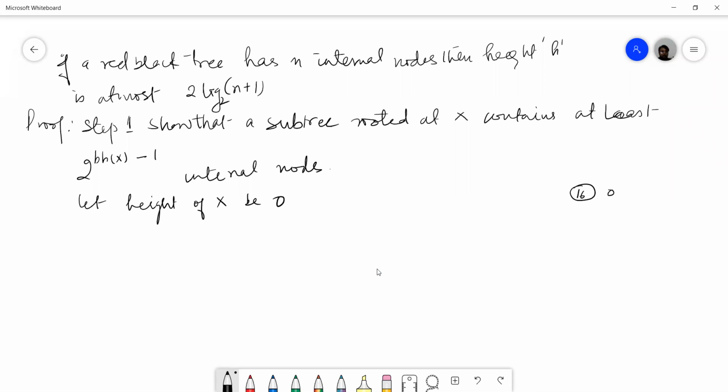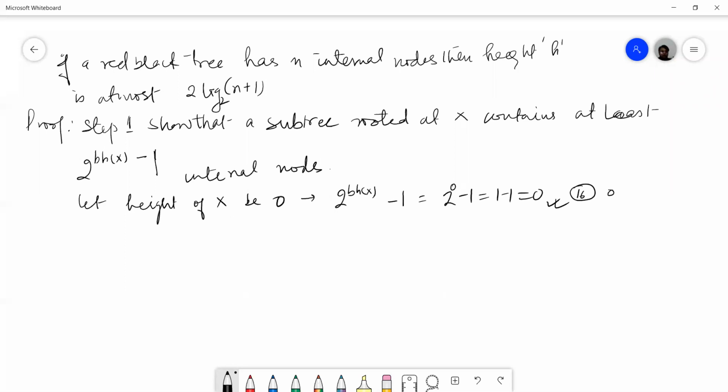So 0. So according to this formula, 2 to the power BH of x, sorry, it is minus 1 like this. So we have 2 to the power 0 minus 1, that is 1 minus 1 is equal to 0. So it contains 0 internal nodes. So this formula is basically true for height 0.